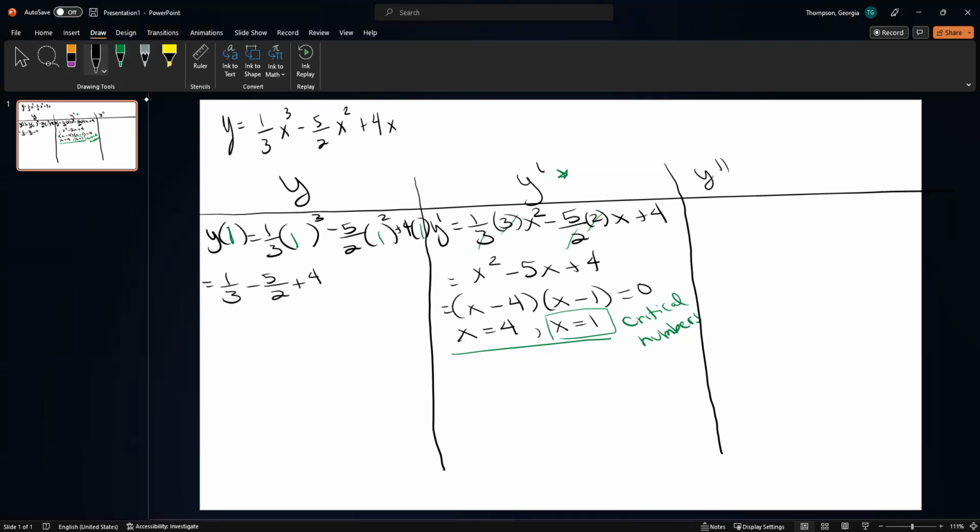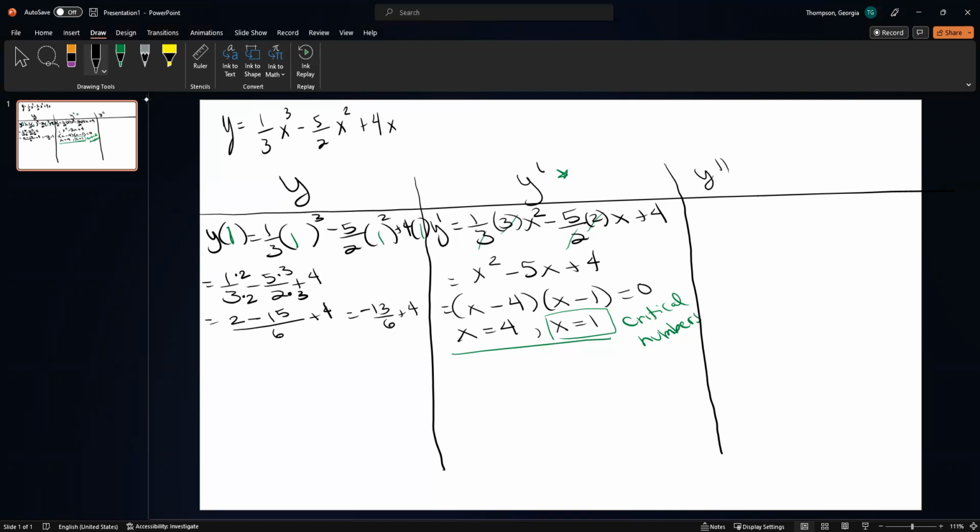Okay, so here I have a fractions. If I get a common denominator, it's going to be 6. I'm going to multiply by 2 here to get 6, and multiply by 3 here to get 6. And so that will give me 2 minus 15 over 6 plus 4. So now that's going to be -13 over 6 plus 4.